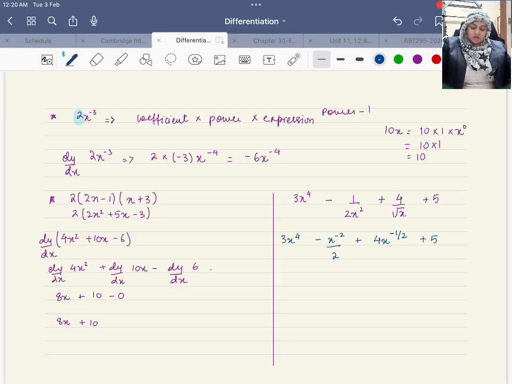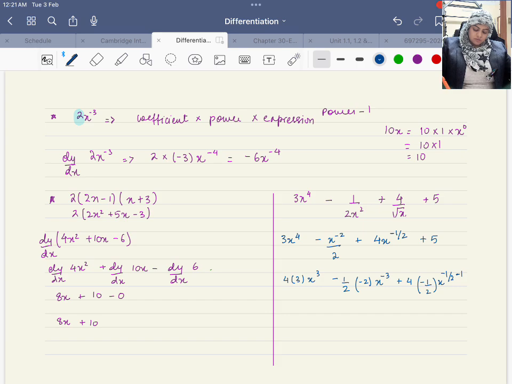I differentiate all of them separately. So this becomes 4 into 3 x to the power 3 minus 1, upon 2 is the coefficient multiplied by power, which is minus 2. X to the power minus 2 minus 1 is minus 3, plus 4 bracket power is minus half, x to the power minus half minus 1, and differential of 5 is 0.